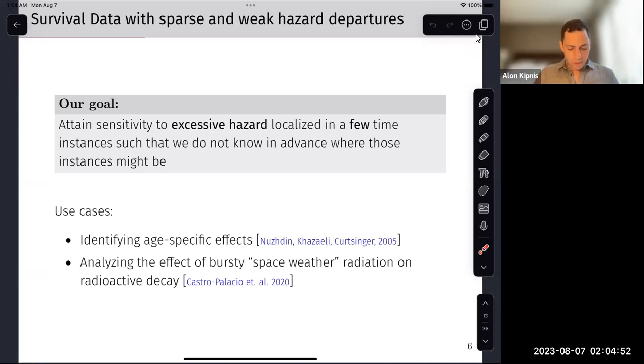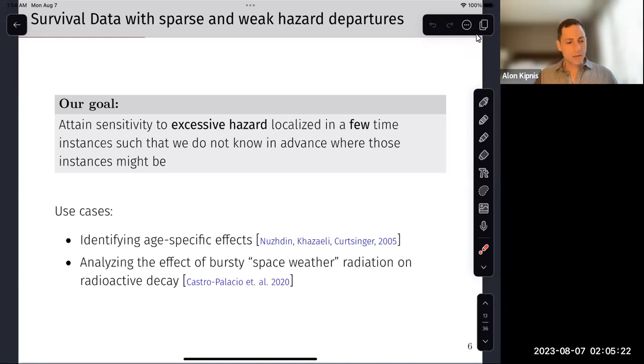Another situation, not in the context of survival, is radioactive decay. You compare the decay rate of two radioactive materials. This radioactive material also obeys the standard model of survival, and you want to understand the effect of some bursty phenomena like space weather.